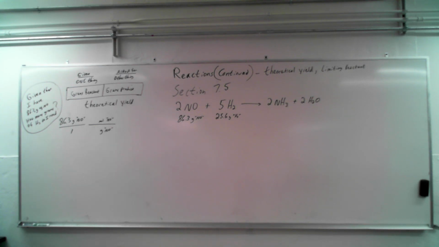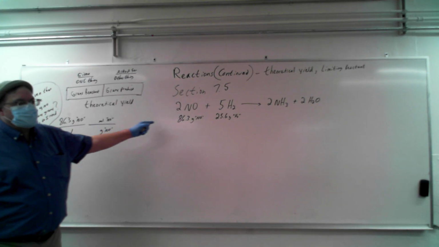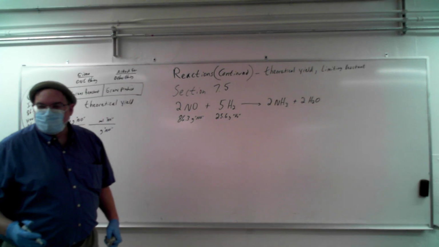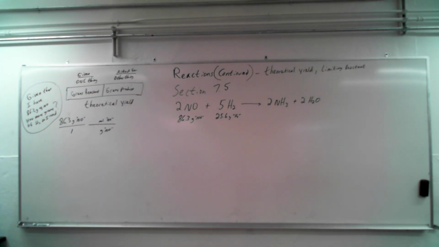I just chose to do NO, the 86.3 grams of NO. I could have flipped this over and said, given that I have 25.6 grams of H2, how many grams of NO do I need? When I do this, I usually just pick the first one. You just randomly pick one. I'll do this one first, and then I'll do the other, and I'll show you that you come to the same conclusion. All right, here's how you answer this question.